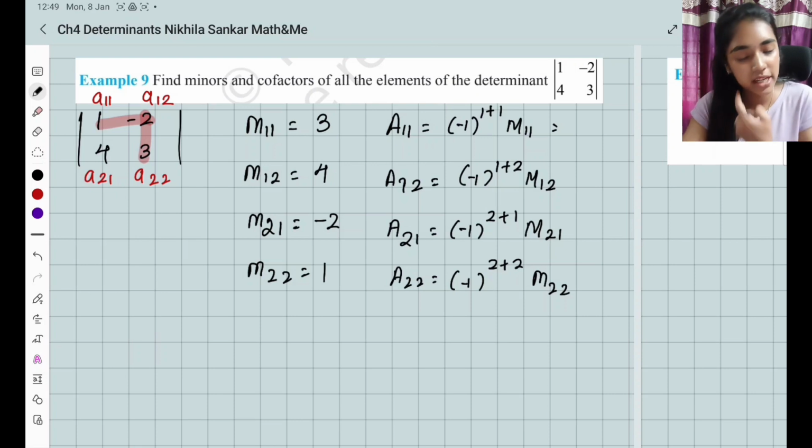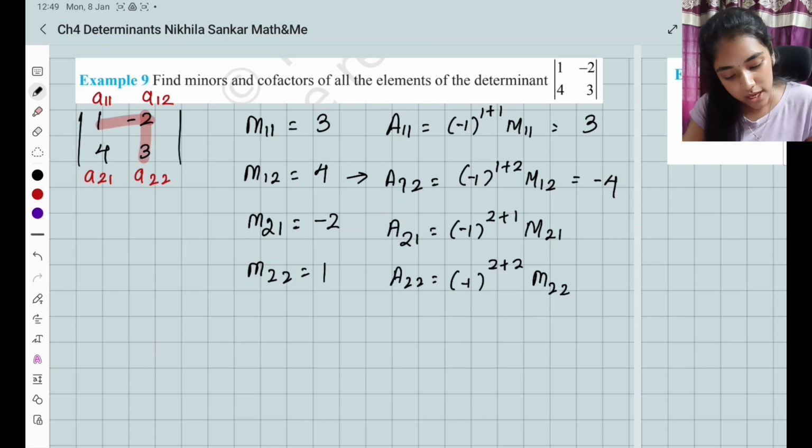So minus 1 to the power 2 is going to be positive 1, M11 is 3. And this is going to be minus 4, because minus 1 to the power 3 is minus, and M12 is 4. Then this is again minus of minus 2 which is going to be plus 2. And now this is going to be M22, which is 1.